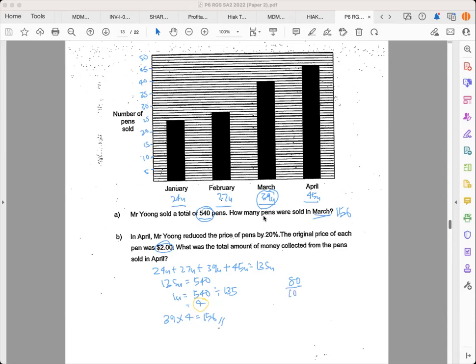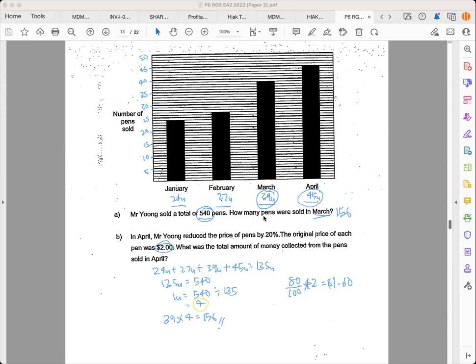So 80% of the original price of $2, 80 over 100 times 2, you get 160. So this is the new price after the reduction. So each pen now costs $1.60.